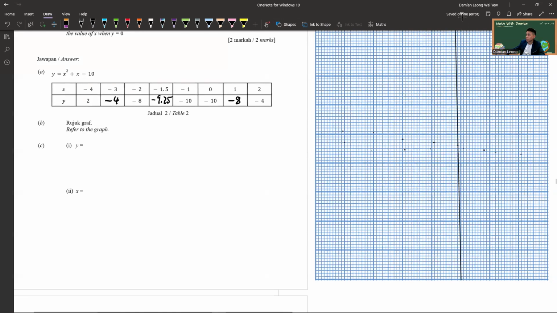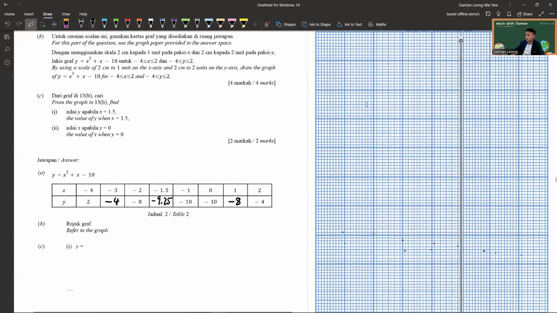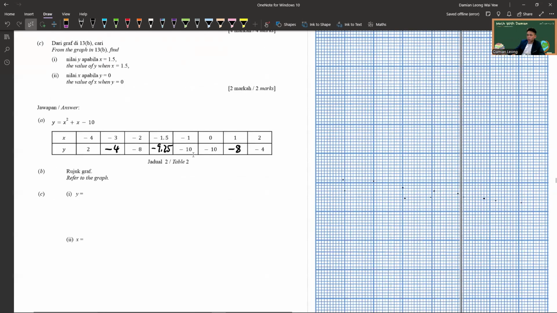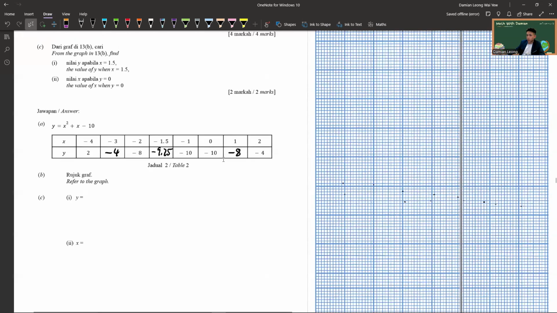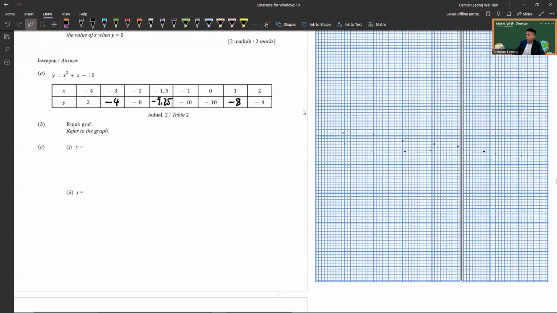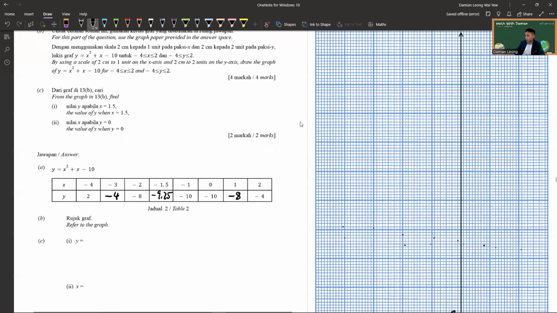So the y-axis is here. Yeah. Highest value of y is 2. Lowest is -10. 2 cm to 2 units on the y-axis. So if I put until here -10, then each box is 2. Yeah, so -8, -6, -4, -2, 0, 2.